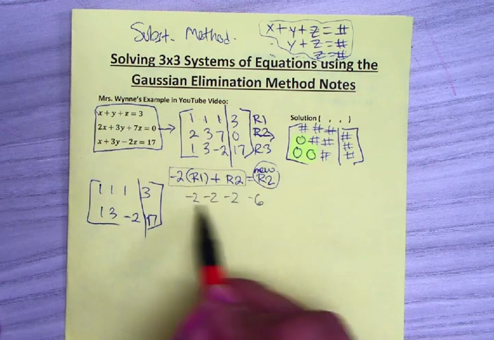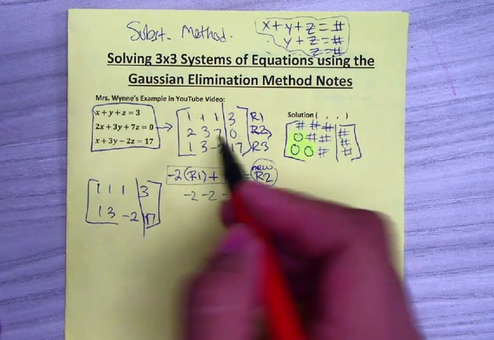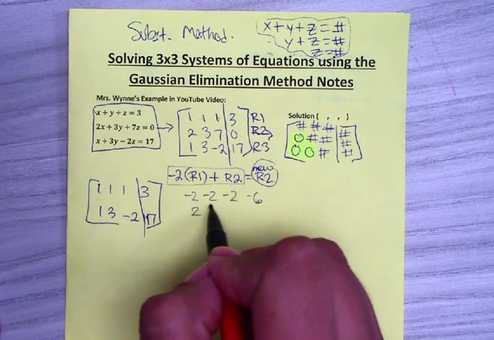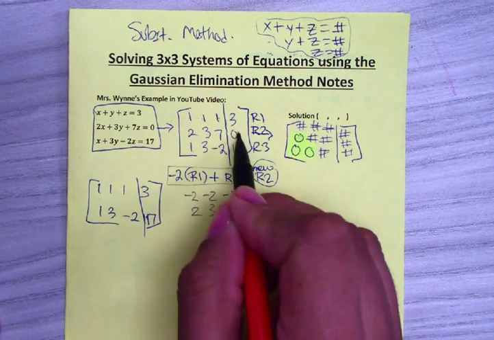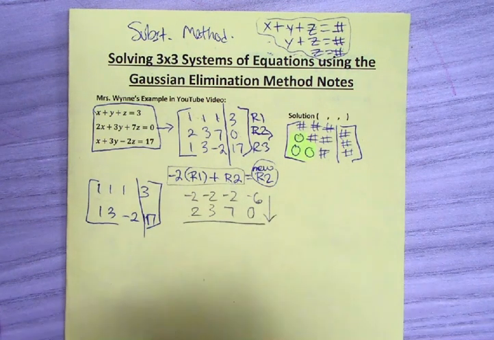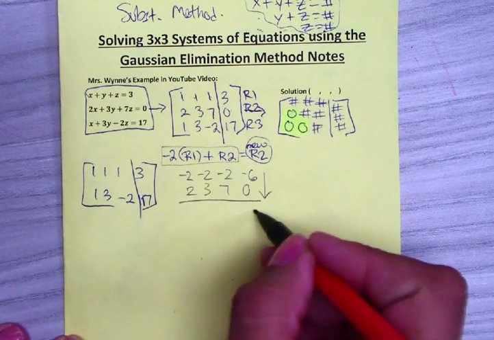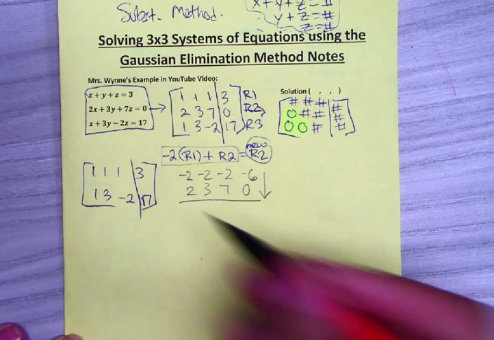So these numbers come out, and then we're going to add it to row 2. Row 2 is right here, so we're going to put a 2, a 3, a 7, and a 0. And we're going to go ahead and add this downward, like an elimination method in Algebra 1. And the result that we get here is what's going to go in this new row 2.